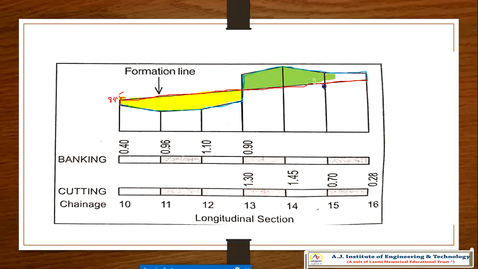So cutting and filling should be manipulated equally, so that there is no extra requirement of filling or cutting. So we can do it almost equally if possible, if the IRC recommendation is fulfilled.